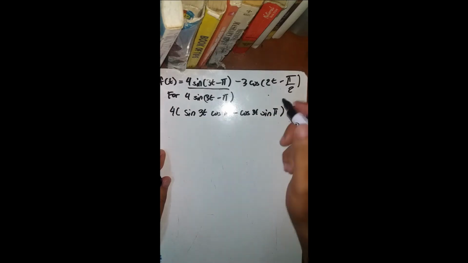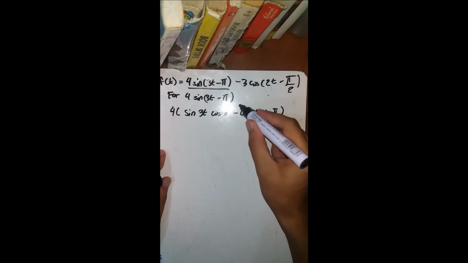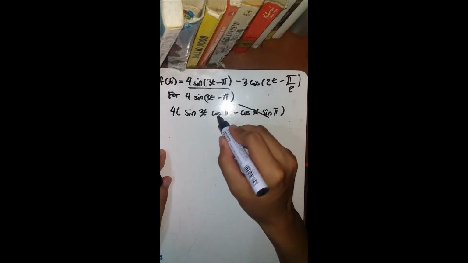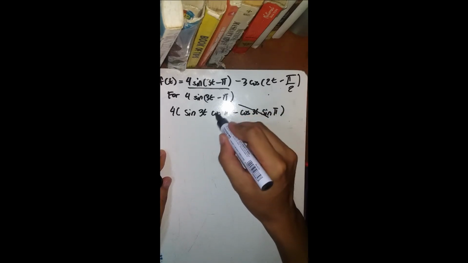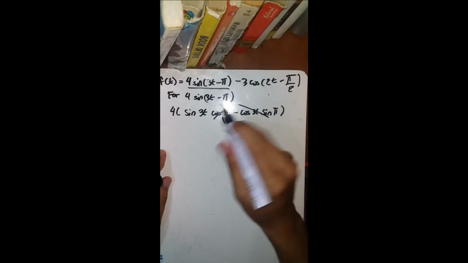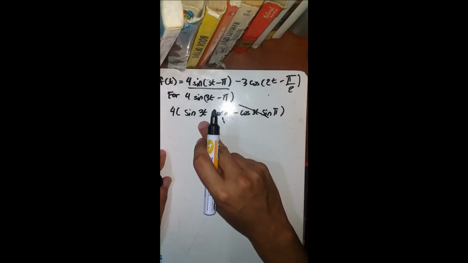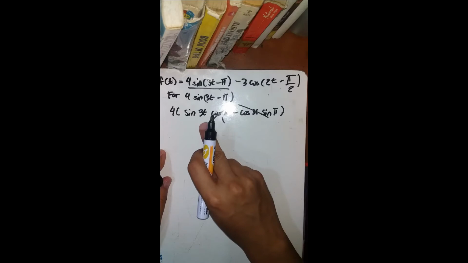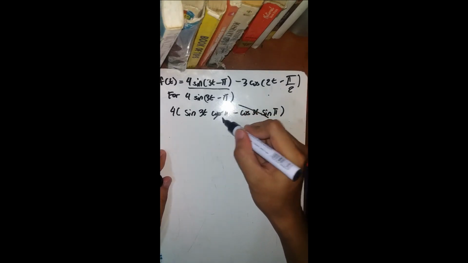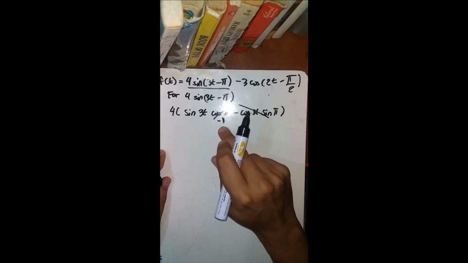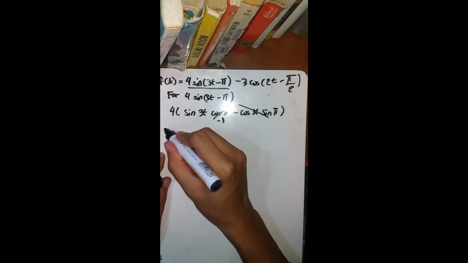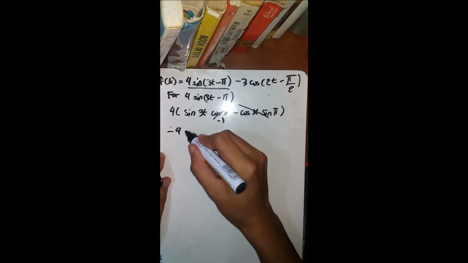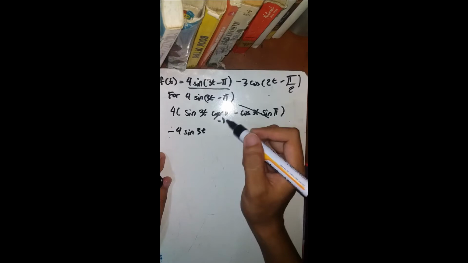Sine of pi is actually 0, so everything here is 0, so we cancel this out. But cos pi is equal to negative 1. So what's left here is negative 4 times sine 3t.